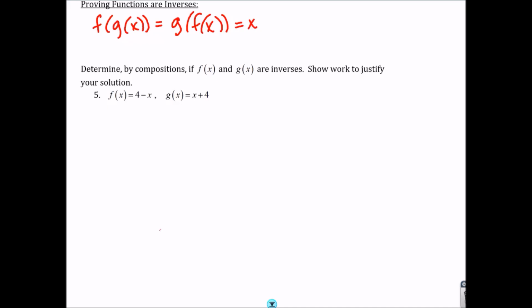If they don't, they are not inverses. So if you see in the directions where it says determine if they are inverses, or prove that they are inverses, or show that they are inverses, you have to use compositions.